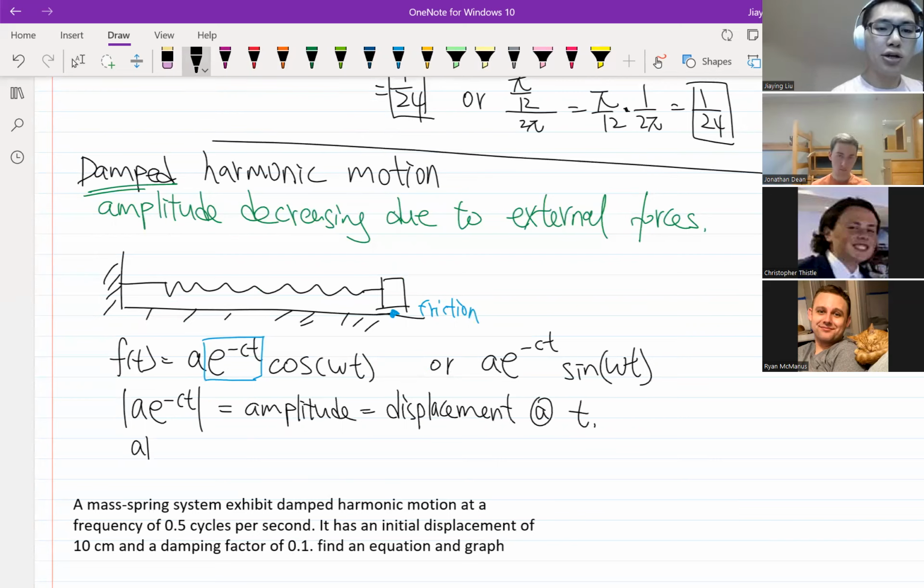But the A alone is the initial displacement, because if t equals 0, e to the negative ct is 1, we just get A. So this is the initial displacement, sort of like the starting displacement.